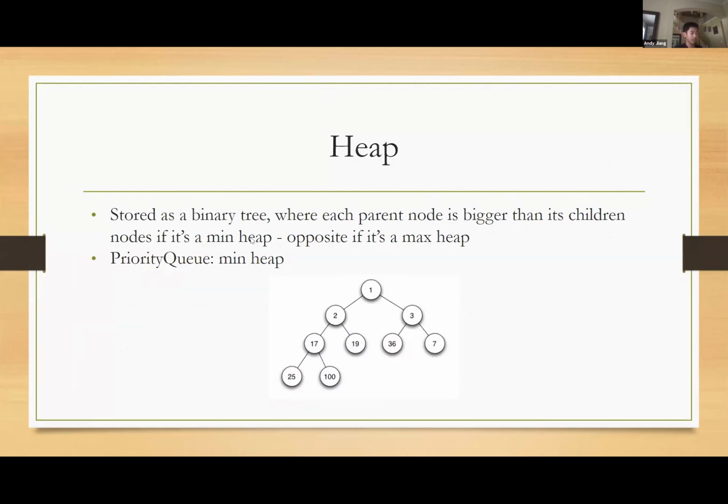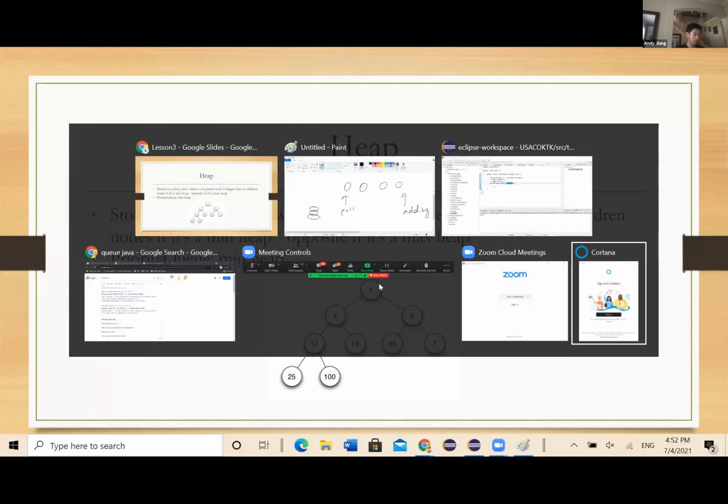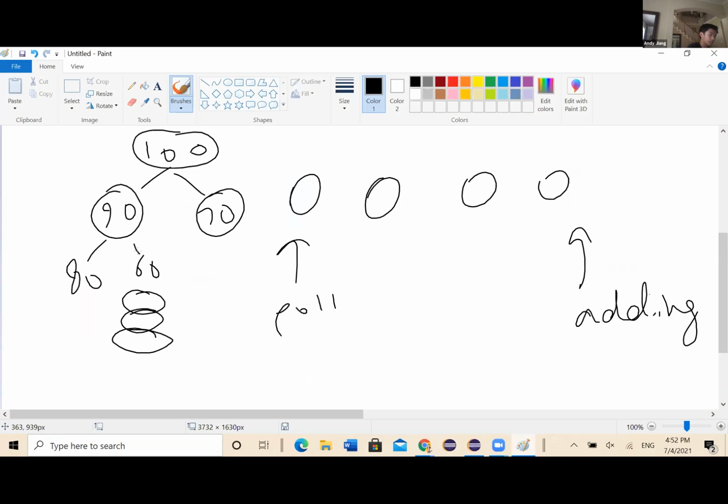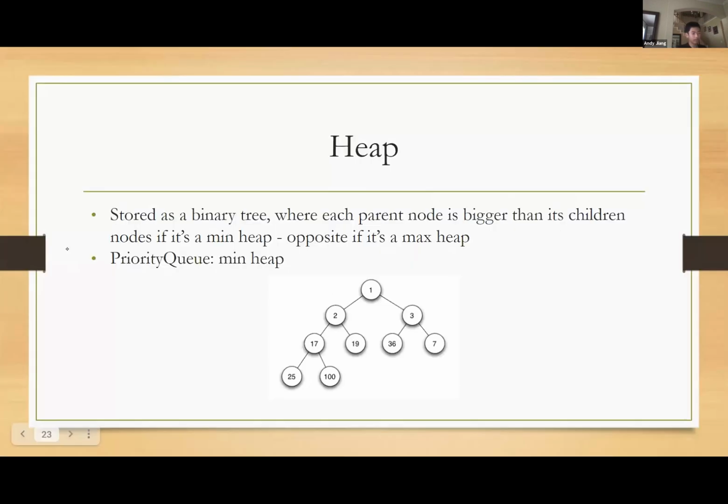And I will mention that this is called a min heap if the children are bigger than the parent node. It would be called a max heap if, for example, it was like 100, then 90, then 70, like that. That would be a max heap. The one in the photo here is a min heap.